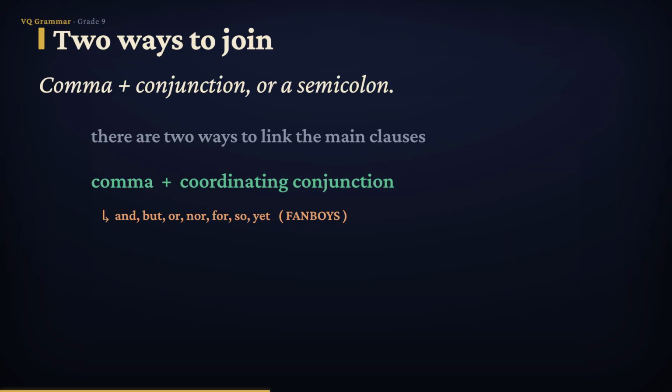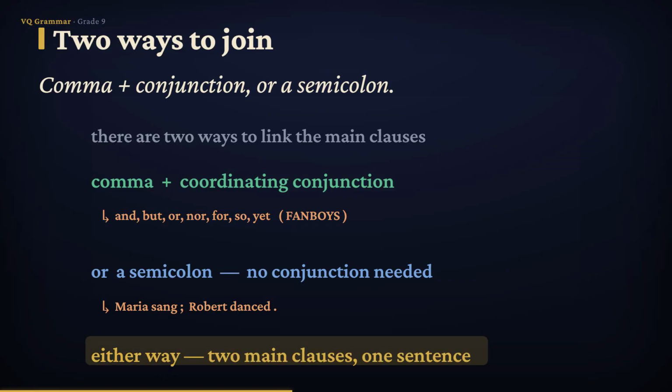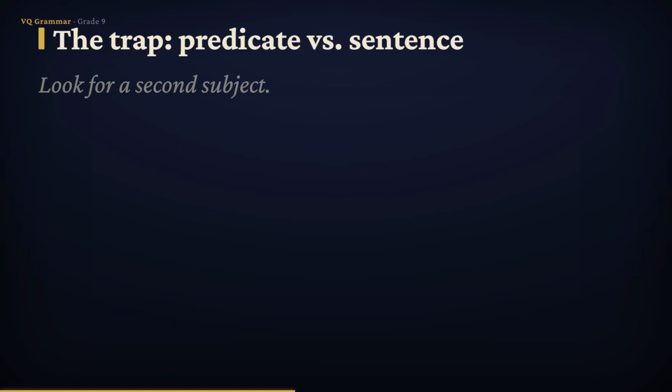The second way needs no conjunction at all. You use a semicolon. For example, Maria sang; Robert danced. The semicolon does the linking all by itself. Either way, the result is the same. Two main clauses packed into one sentence.